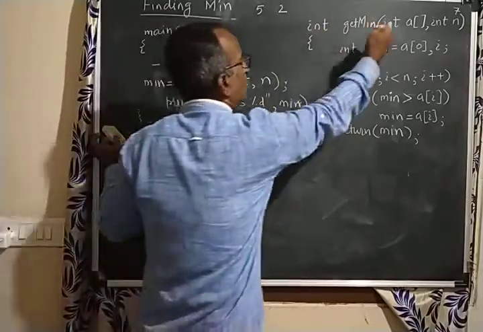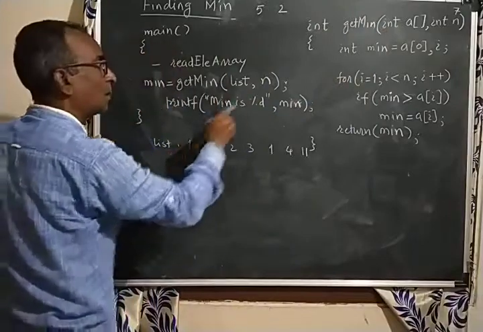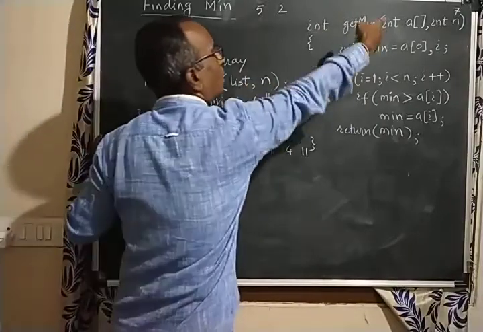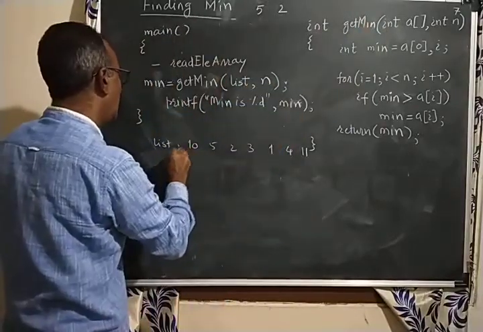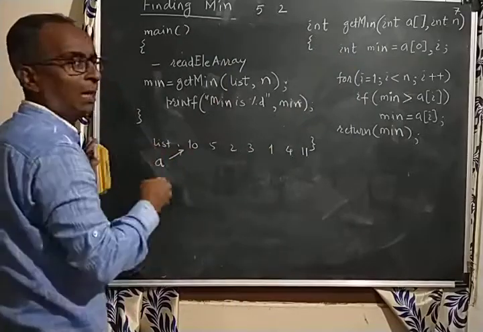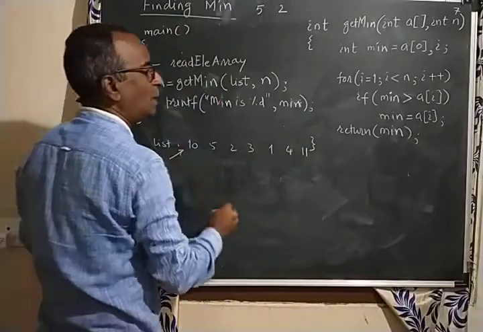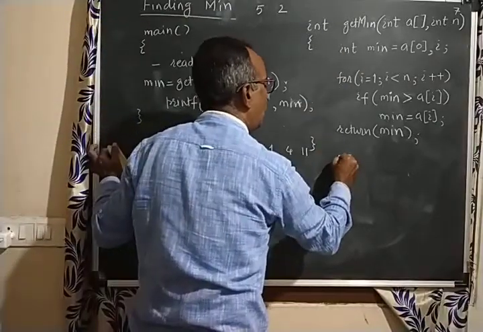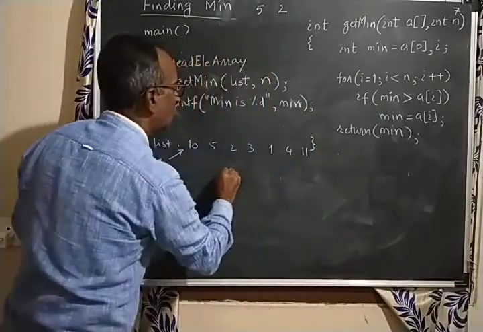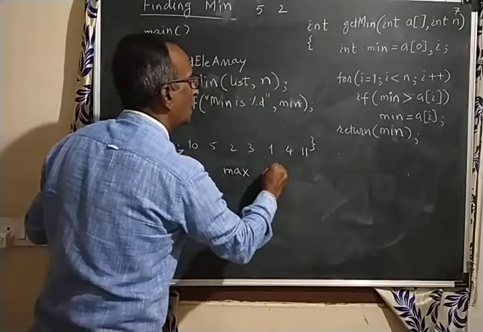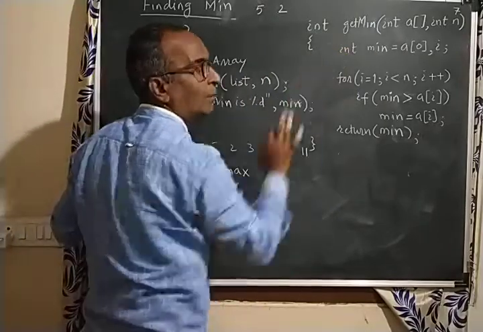See, whenever a function is called and a reference is passed, this array can be named a in this function. So a of 0. What local variables do we have? We will write min and I as local variables.